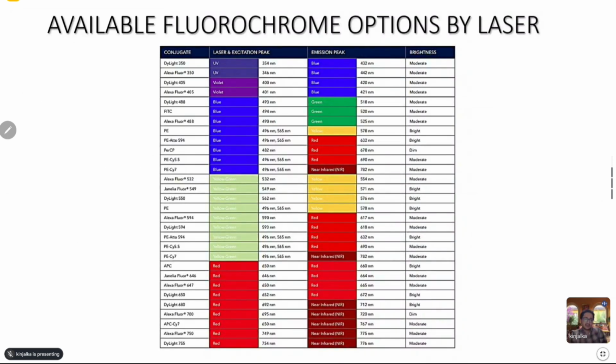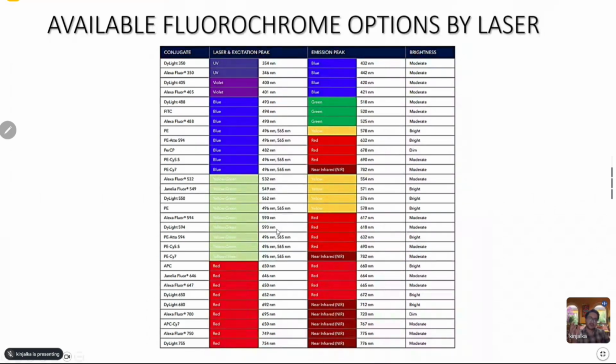This table shows you all those weird names that we had just seen, like Alexa Fluor, AF350, AF405, 488. So you have violet, blue, yellow, green, AF594, PCY7 is yellow-green. You can see next to the colors, different wavelengths have been mentioned.